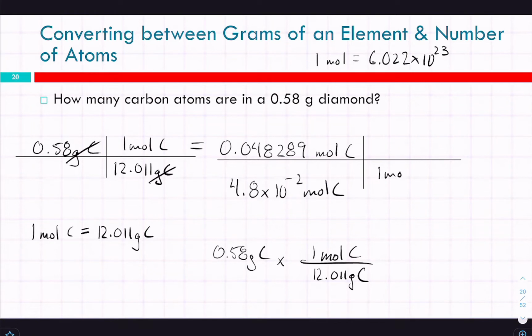So 1 mole on the bottom, 6.022 times 10 to the 23 atoms. We can take our previous number and multiply it by 6.022 e to the 23. So that's going to equal 2.9 times 10 to the 22 atoms of carbon.